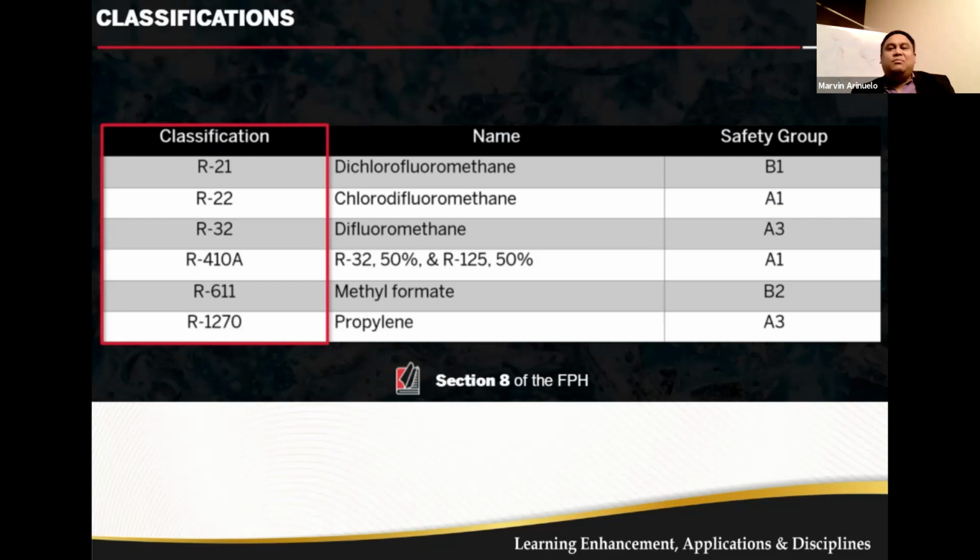And here we have the numerical designation based on ANSI or ASHRAE 34. This is the number designation and safety classification of refrigerants. Normally the number can be up to 4 digits, with each number representing the chemical makeup and multiple components that comprise a refrigerant blend. A large table of this classification is available in Section 8 of your Fire Protection Handbook. If you see the safety group, it is in this table.